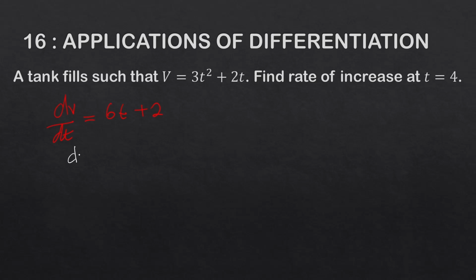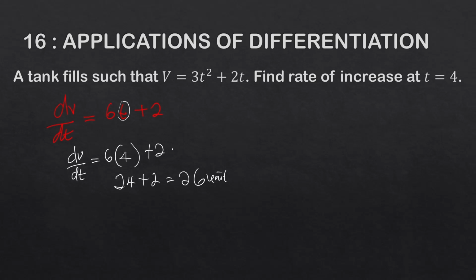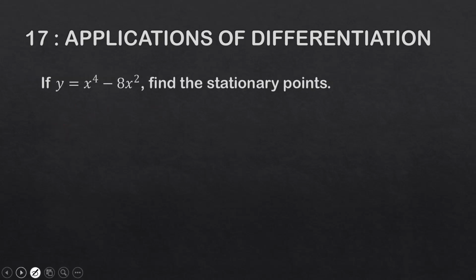So dv/dt is going to be 6 multiplied by 4, because when I see this t, I put 4, plus 2. So we now have 6 times 4 is 24 plus 2, which is 26. So it's going to be 26 units squared per second. So that is the rate, dv/dt.